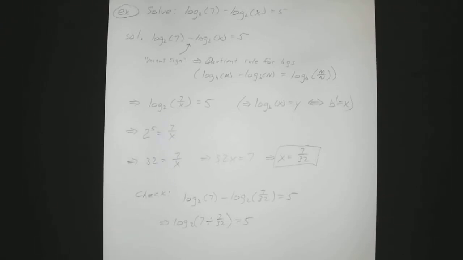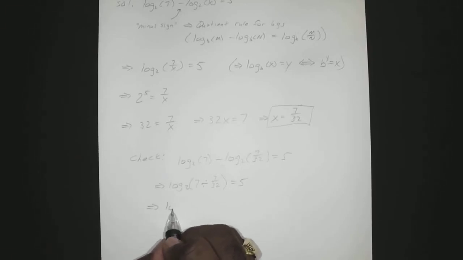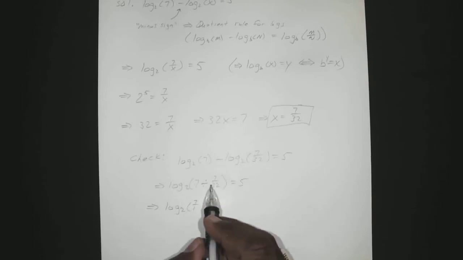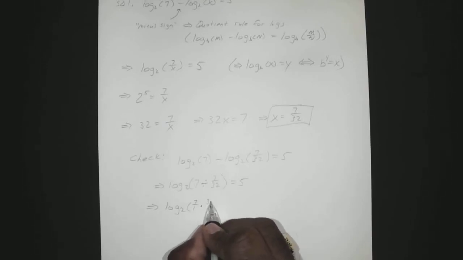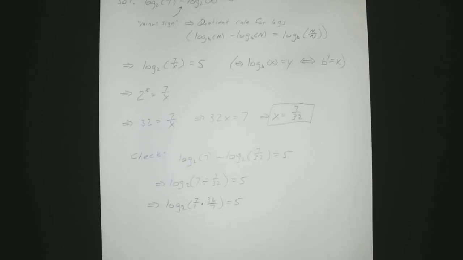Now, using our rules for dividing fractions, you have log base 2. Write down your first fraction; you can make that 7 over 1 if you want. Change division to multiplication, and then flip your second fraction, equals 5.